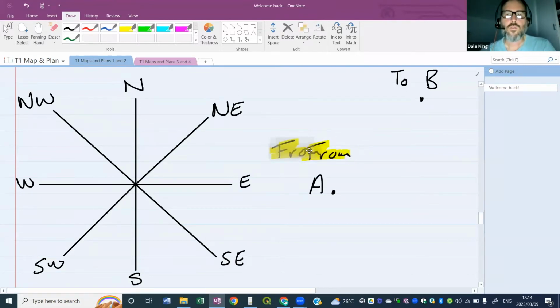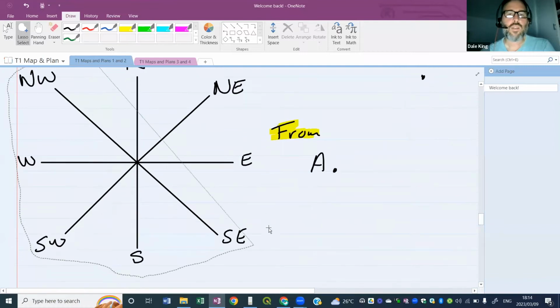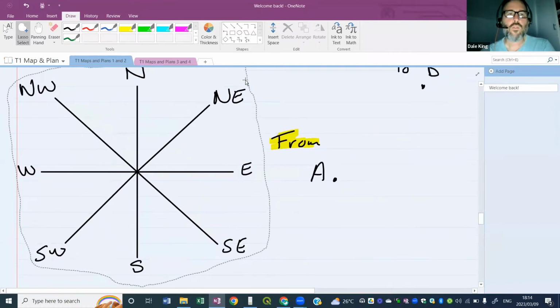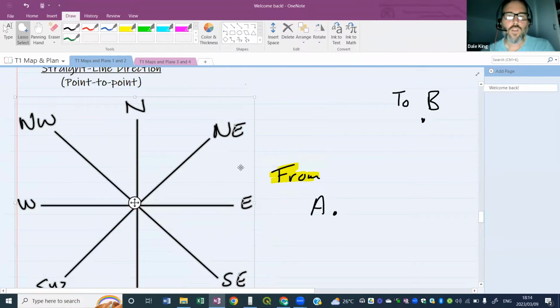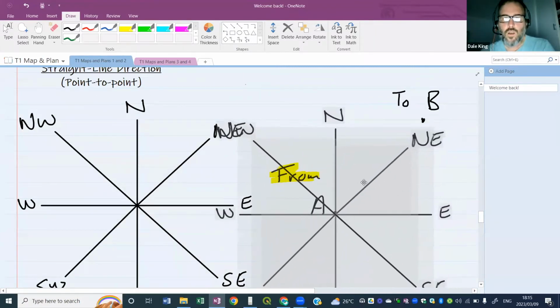I'll just move this word "from" to the side, and I'm going to take my compass. We're going to imagine that we place the compass on the word "from". So I could move this whole compass to the point that is "from" and have a look.